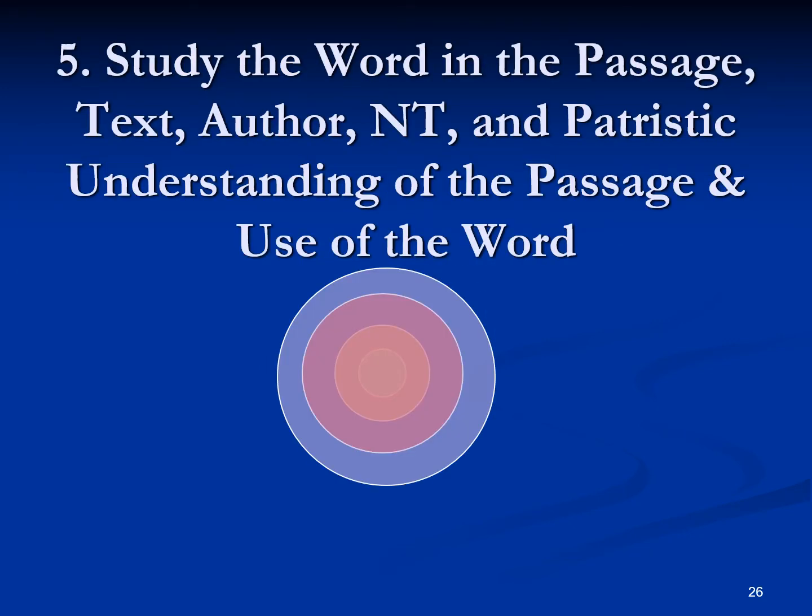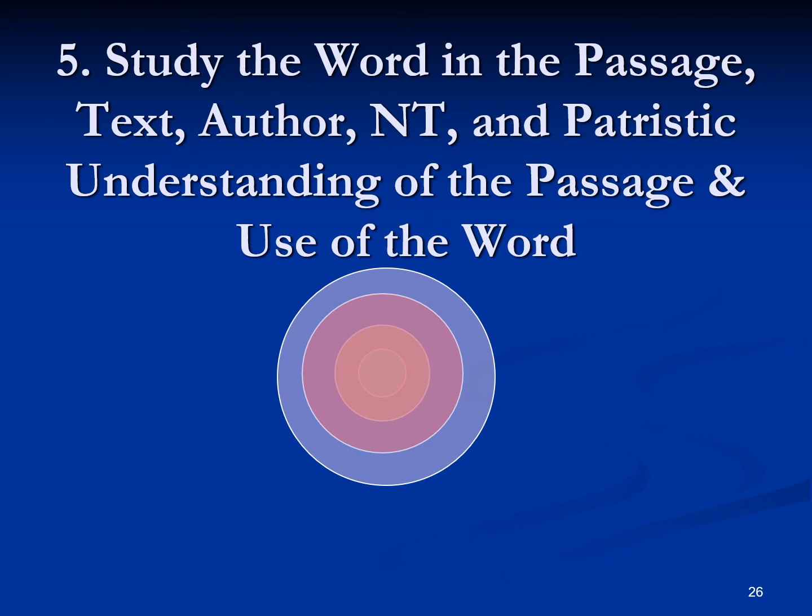Now, when we study the word in a passage, we're moving out into wider and wider circles. The word is present in a passage and then in the larger text, in the author. So in 1 Timothy 3:15, other places in 1 Timothy, other places in Paul, and then the New Testament, and then the patristic understanding of the passage and the use of the word.